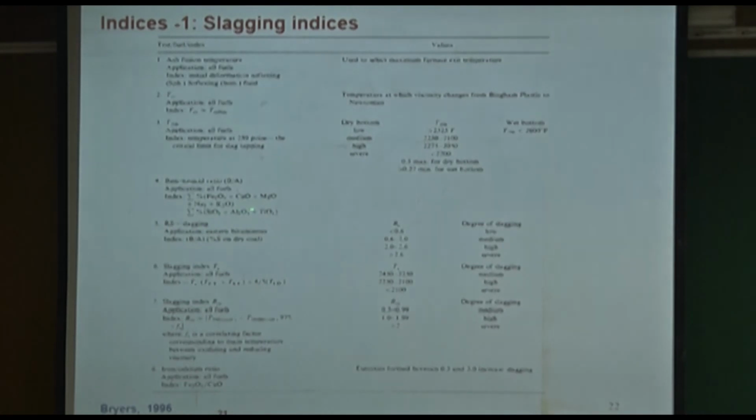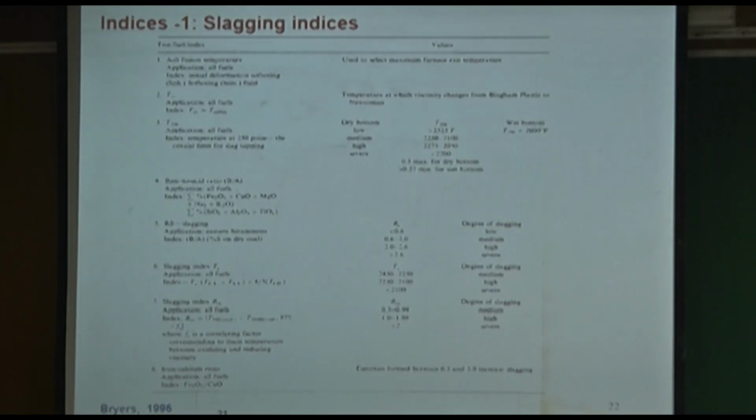So the boiler manufacturers come up with a base to acid ratio, and from there they can say that if the ratio is below 0.6 or in this range or that, then the degree of slagging will be low, medium, high or severe.